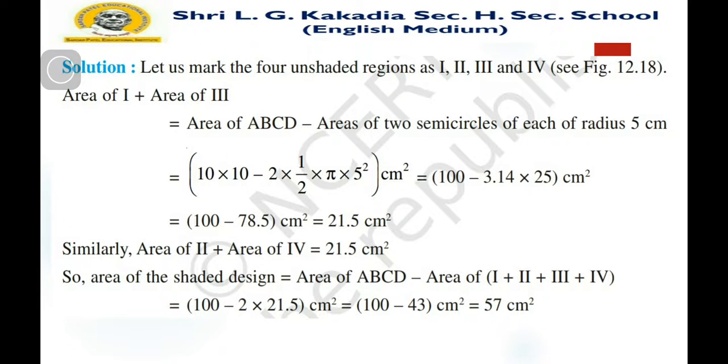Why have we subtracted these four areas? Because we want to find the colored area, the blue area. So we have to subtract these four shapes from the total area of the square. In that way we can find the colored area, 57 centimeter square.